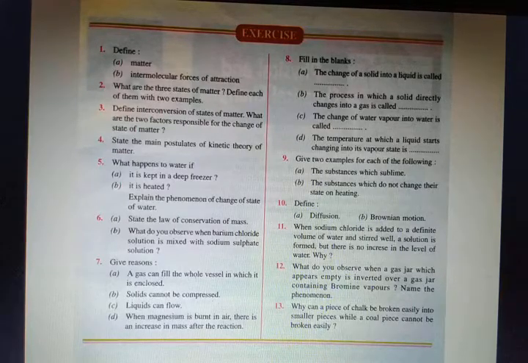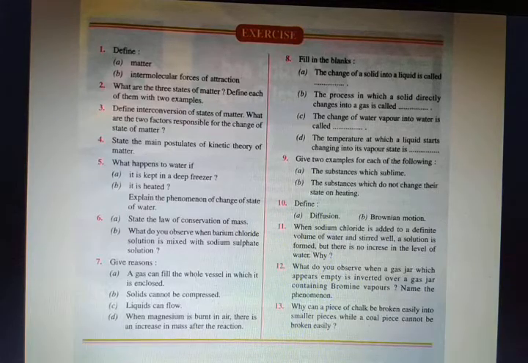Why can a piece of chalk be broken easily into smaller pieces while a coal piece cannot be broken easily? Coal and chalk are both solids, but still chalk can be easily broken, but not coal. Why?